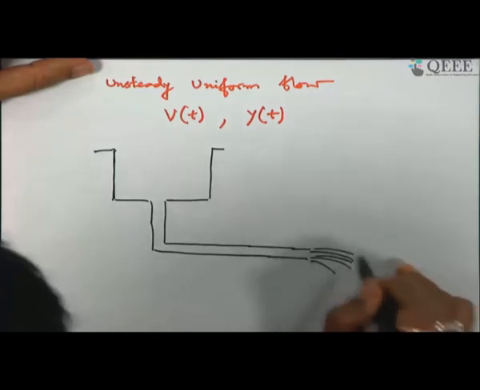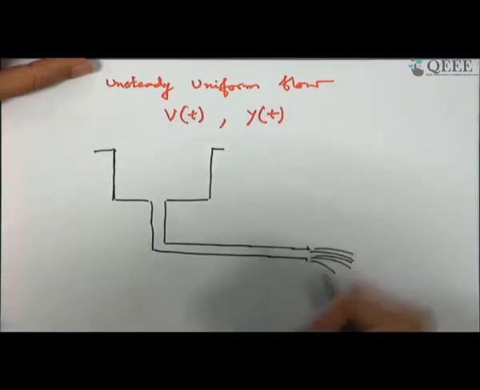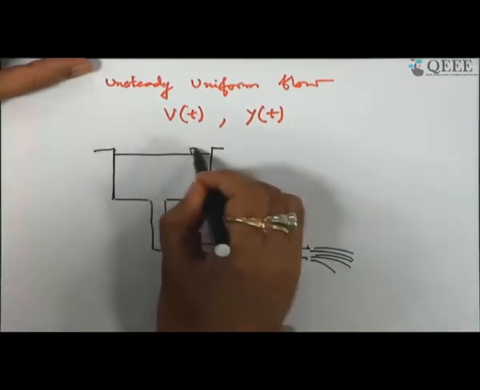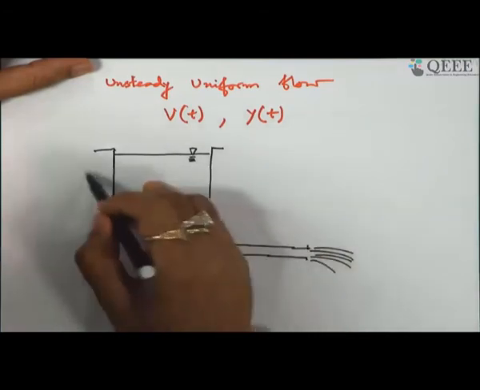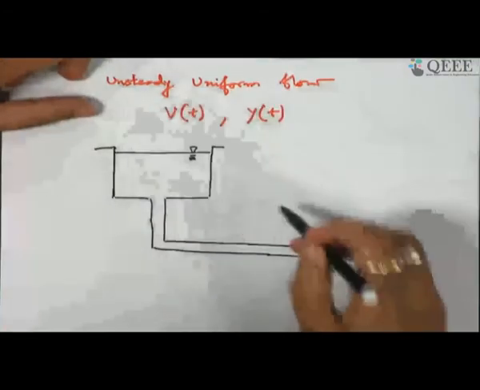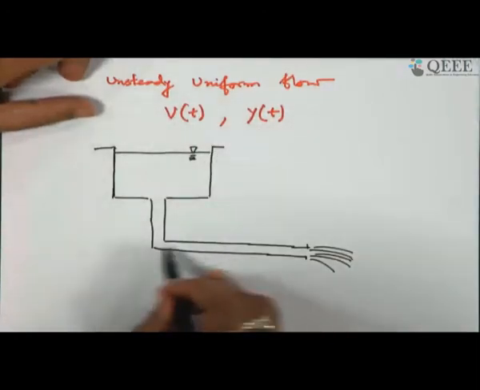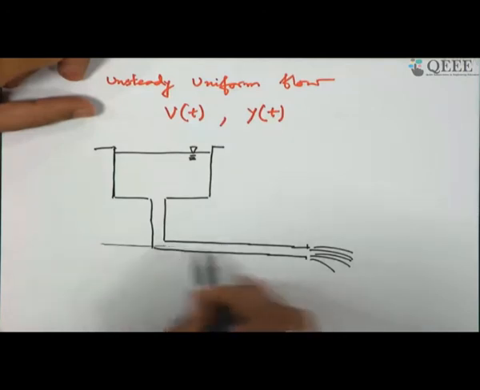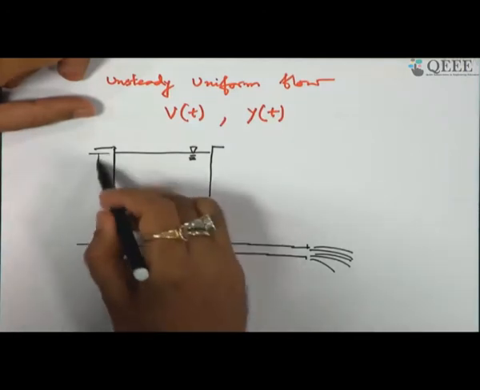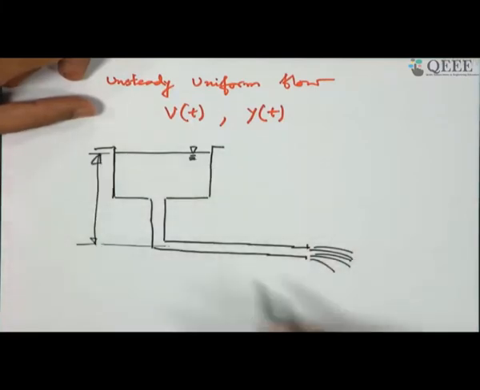So, this is free flow at the pipe end. Initially we can connect it to a pump and we can fill this reservoir. So, obviously velocity at this level will be determined based on the varying head.